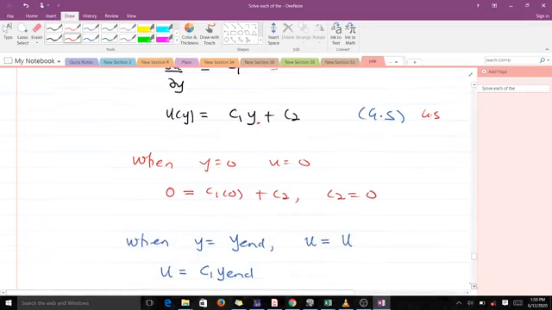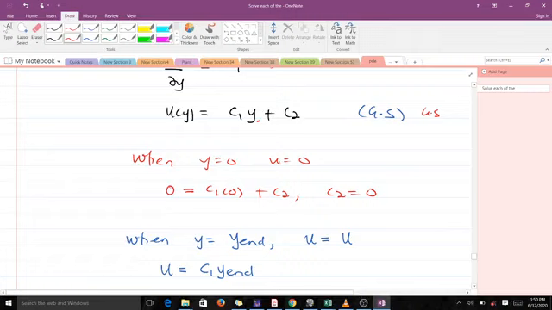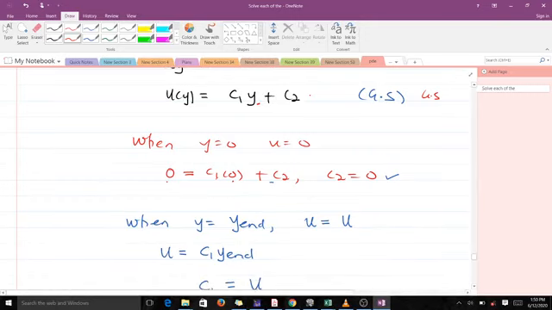The first condition is that at the starting point y equals 0, the velocity is 0. Putting that into this equation, 0 equals c1 times 0 plus c2, meaning c2 is equal to 0. The second condition is that when y equals y_n, our velocity equals the big U velocity, because the motion is driven by the motion of the upper plate. So here we get U equals c1 y_n, because y is equal to y_n and c2 is 0, so we don't have anything else.